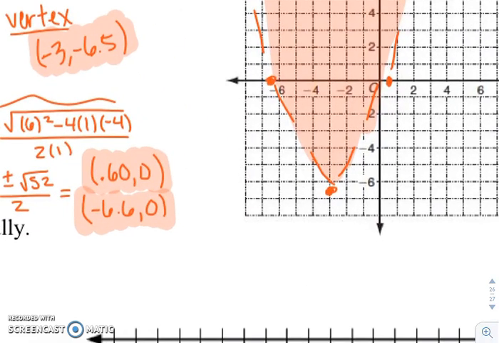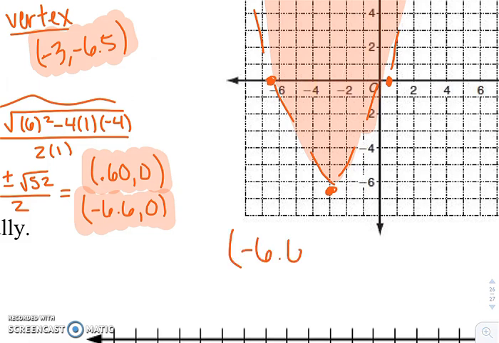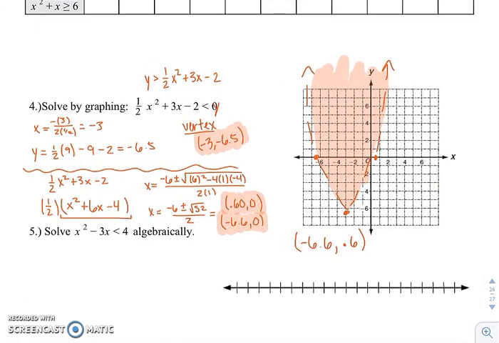Okay, so still from the same values, but they're going to be parentheses since our boundary line for our parabola is not including any solutions. So from negative 6.6 to positive 0.6 would be our solution for this quadratic inequality. Any x value you choose in between those two values should work for that inequality and make it less than 0.